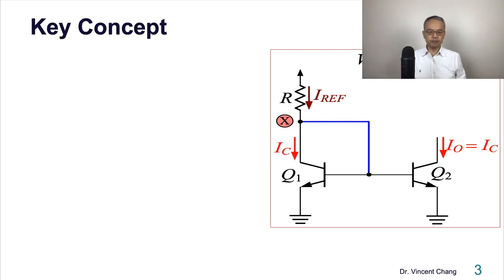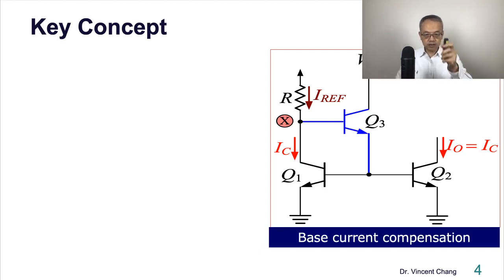So here's the key concept. Why 2%? Why is the error term 2 over beta? Where does the 2 over beta originally come from? From the base, right? Remember when you analyzed this before: IC over beta, IC over beta, so 2 IC over beta, 2 over beta.